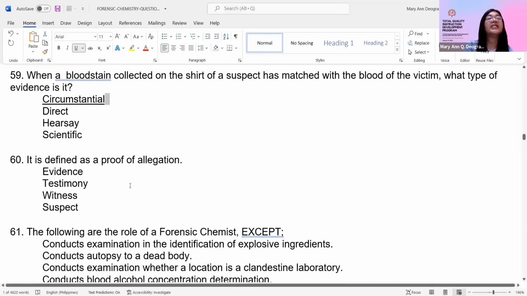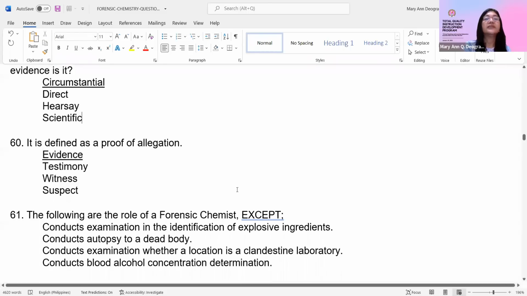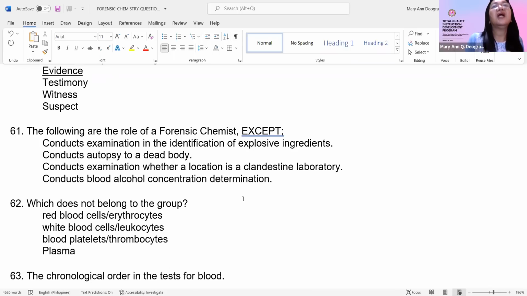It is defined as a proof of allegation. O, evidence, alam niyo na yun. Ano to eh? Bonus question. Ayan. The following are the role of a forensic chemist except. O ano ang hindi trabaho ng chemist dyan?